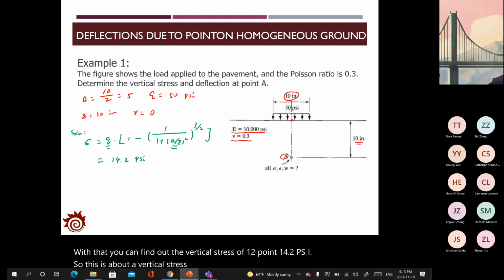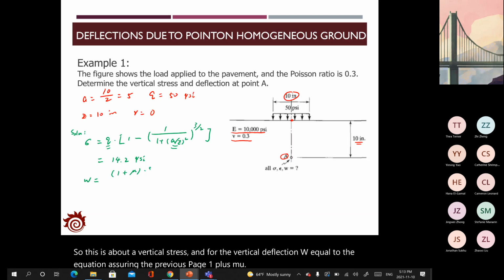And then for the vertical deflection, W equal to the equation I showed in the previous page: (1 plus mu) times QA.